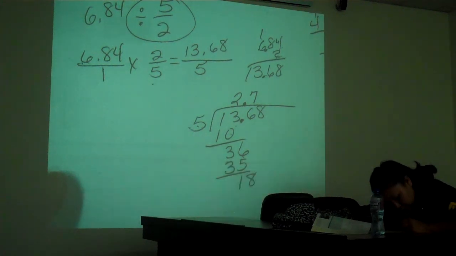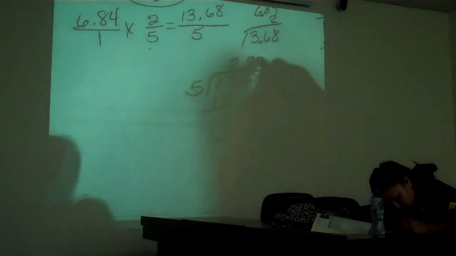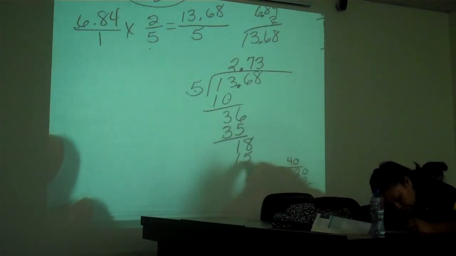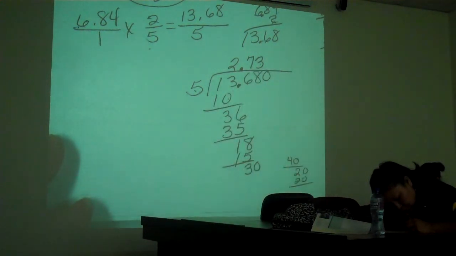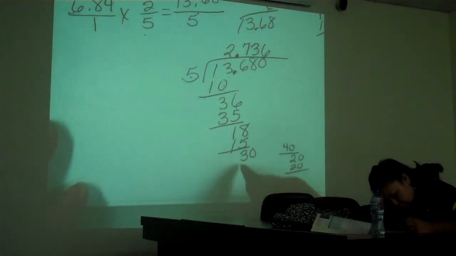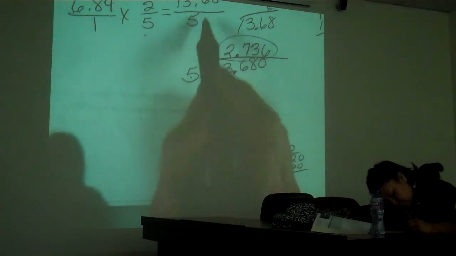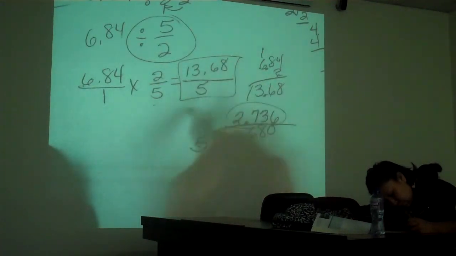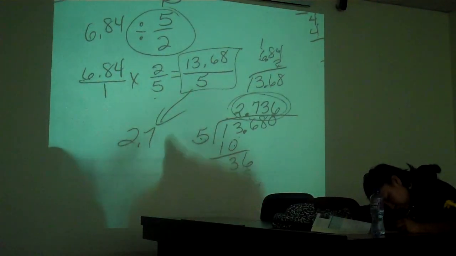We have 1. Bring our 8 down. 5 into 18. 3. 3 times 5 is 15. 3. So we have to add a 0. 5 into 30 is 6. Now we're done. We divided this by 5, so our answer is 2.736.